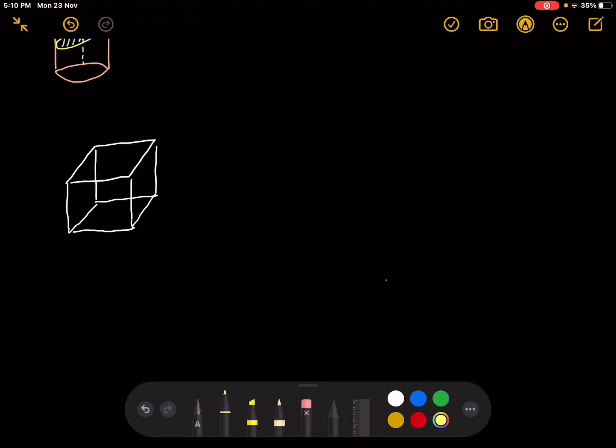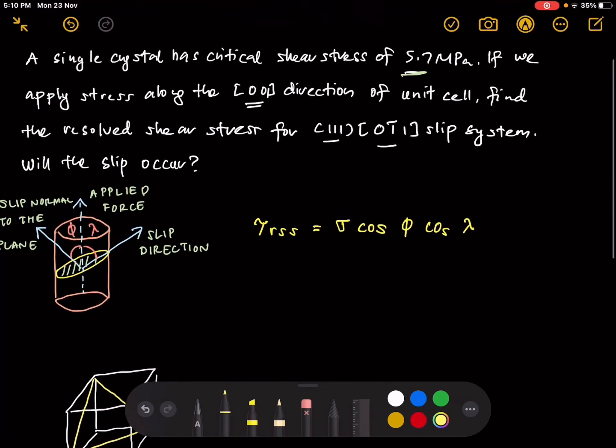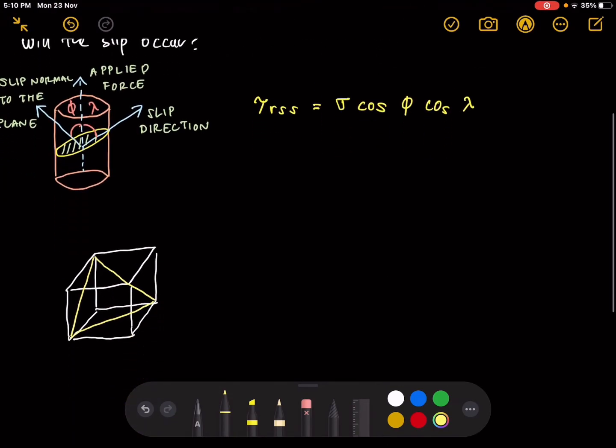And then we have a plane. We have a plane at 111. This is our plane here, the 111 plane, as mentioned in the question.